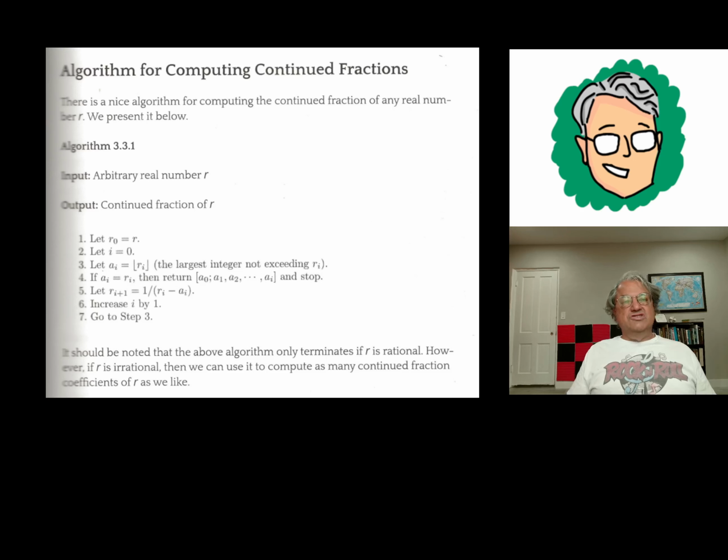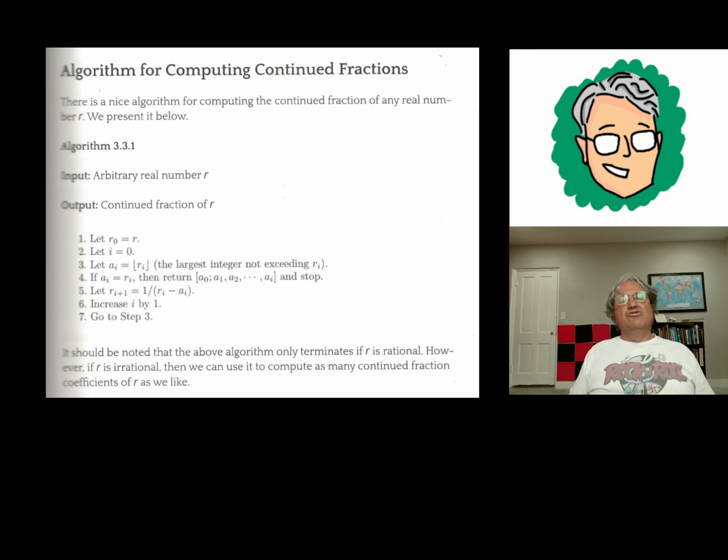And this will work not just for rational R, but for irrational as well. And like I said, if R is rational, the thing will always terminate. It'll stop at some point. You'll have the complete continued fraction representation of R. But if R is irrational, it'll go on forever. This algorithm never terminates.